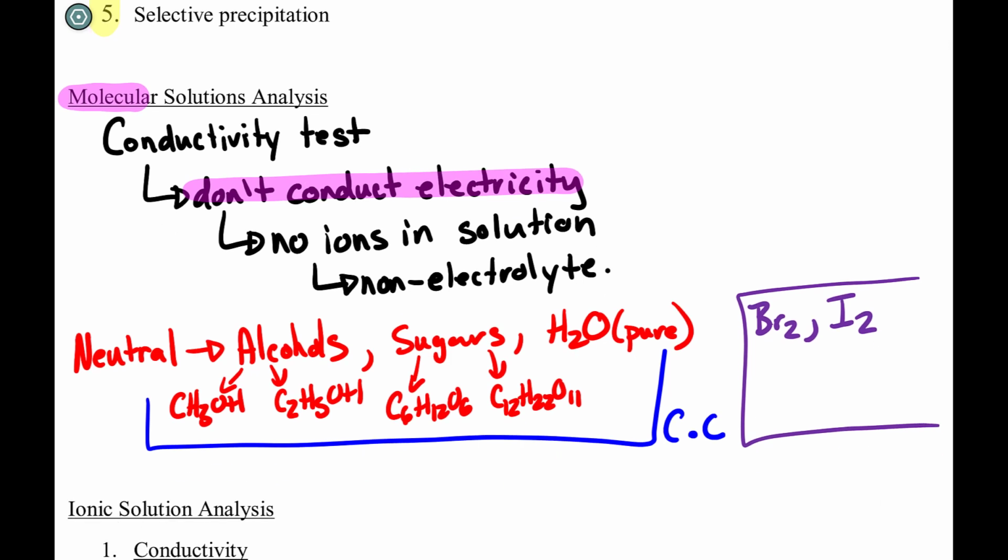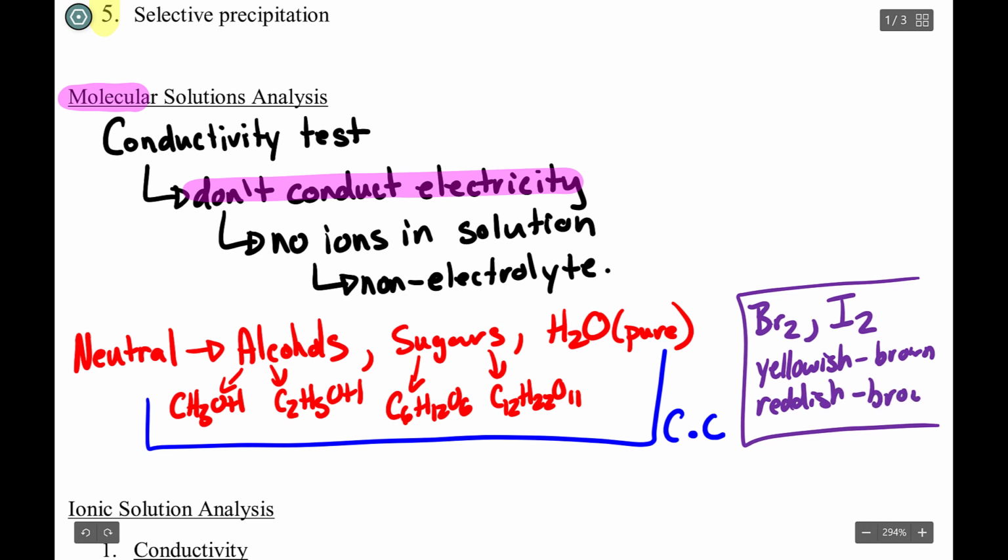They're generally, depending on how concentrated they are in the solution, either a yellowish brown or a reddish brown color. Some of you may have had iodine solution put on you.